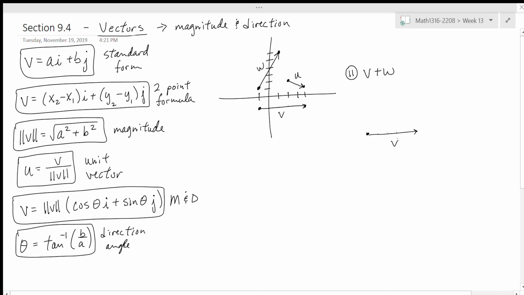There's vector V. And then we're going to attach the tail of W to the tip of V. So what does W do? It goes up 5 and over 2. All right, here we go. 1, 2, 3, 4, 5. 1, 2.